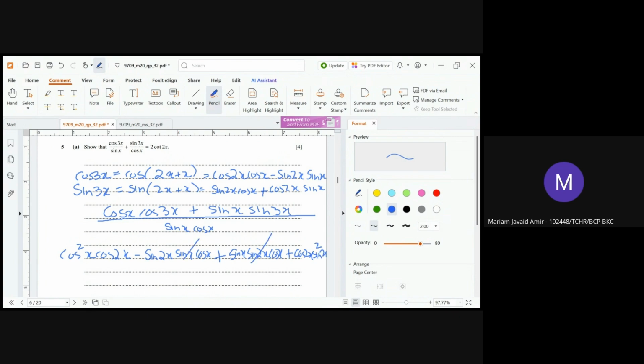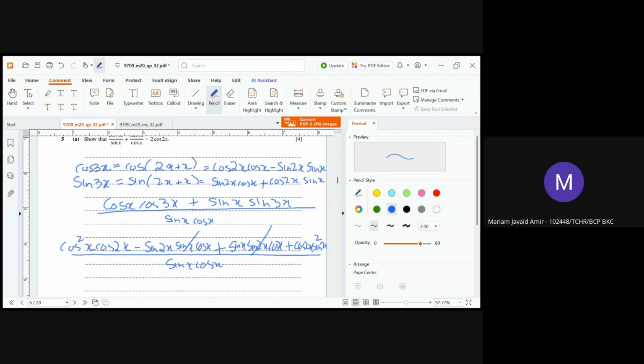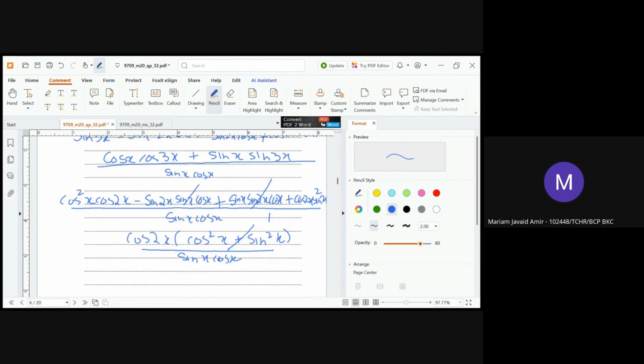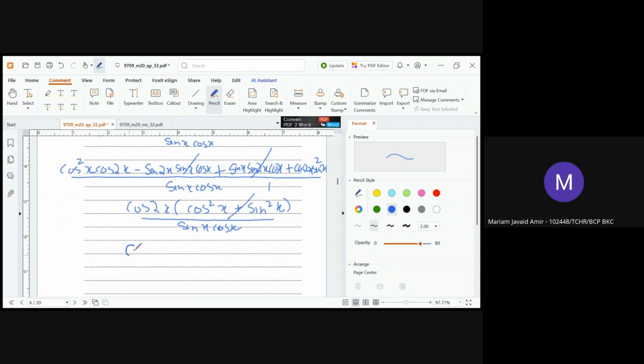This and this conveniently get cancelled out. And in the denominator, we have sin x and cos x. In the numerator, I'm going to take cos 2x common. Then in the bracket, we have cos squared x plus sin squared x left, which is just 1. And the denominator is sin x cos x still. Now this pretty much simplifies to cos 2x upon sin x cos x.